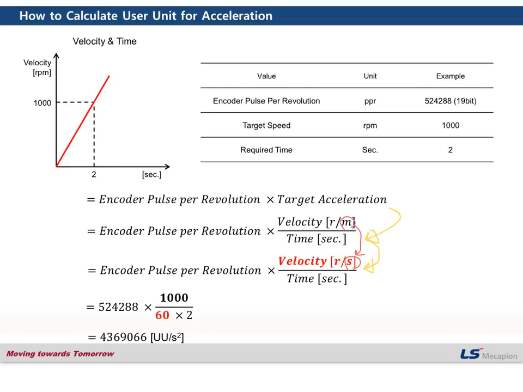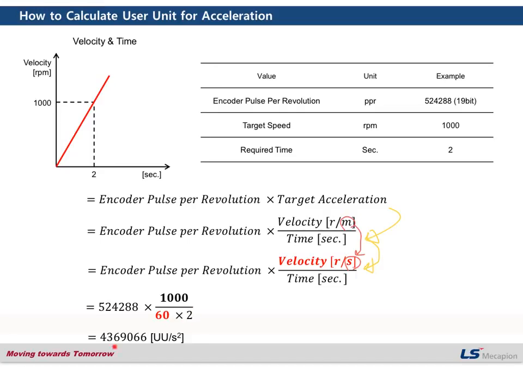We input the values: encoder pulse per revolution 54288 here, and the velocity, that means the target velocity, 10000, and to change the unit we have to divide this value by 60, and the time is just 2 seconds.